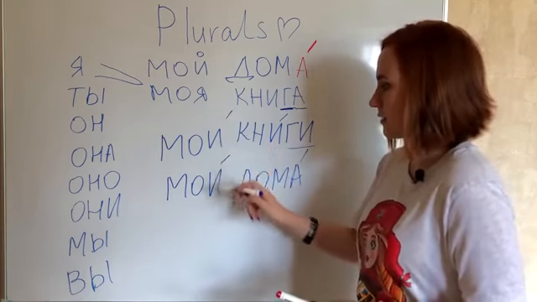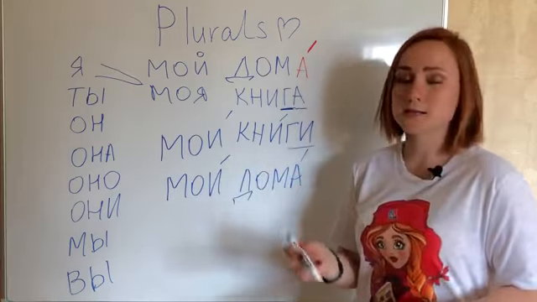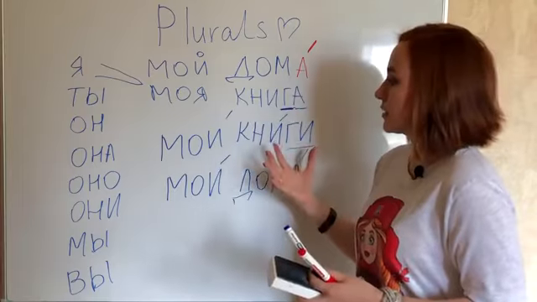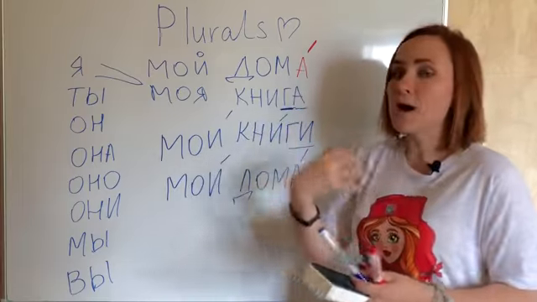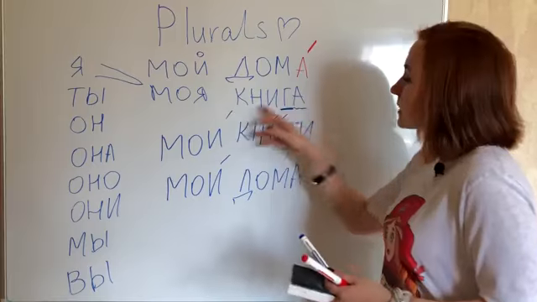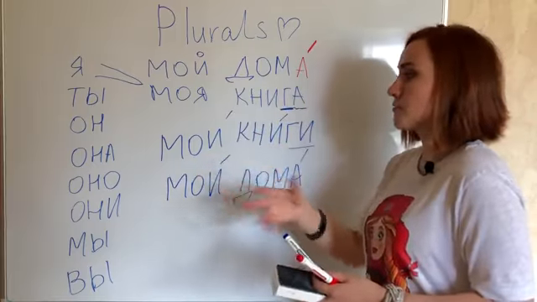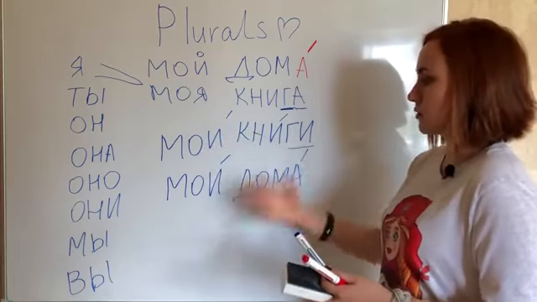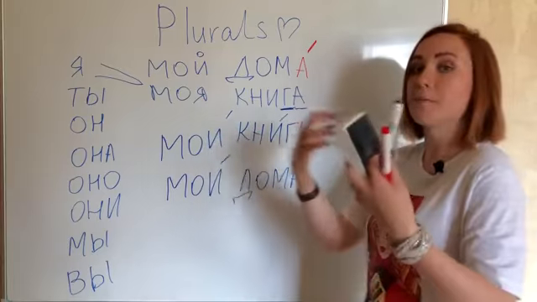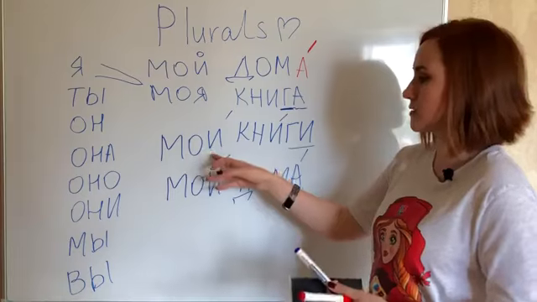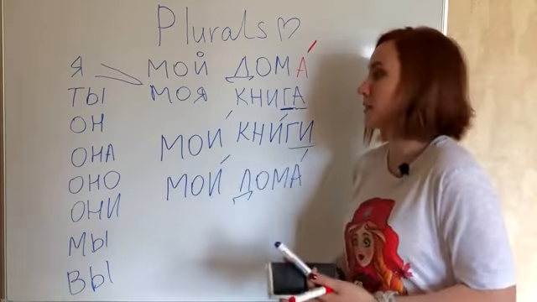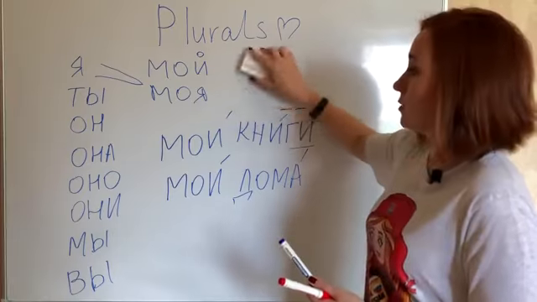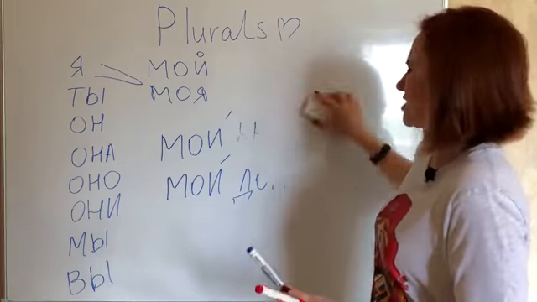Мои книги, мои дома. In both situations, they are my, but there are several of them. So we use мои. Several books, several houses. My books, my houses. Мои книги, мои дома. I know that it might seem tricky, but just practice.